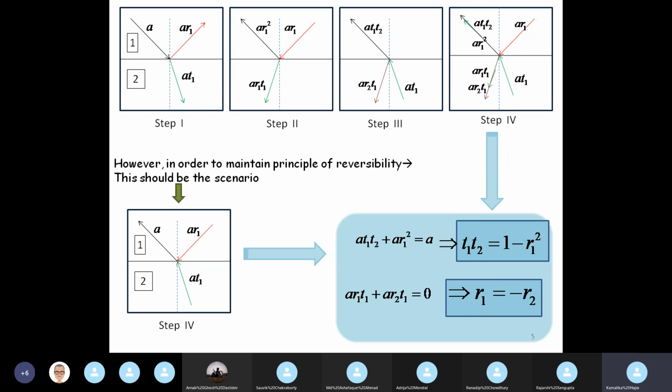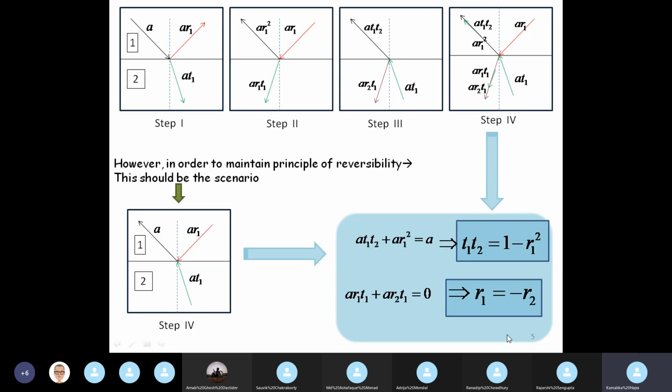Okay. Now we will remember this relation T1 T2 equal to 1 minus R1 square, and we'll discuss this relation R1 equal to minus R2. What does this mean? This means that the reflection coefficients in the two media are the same in magnitude but opposite in sign.